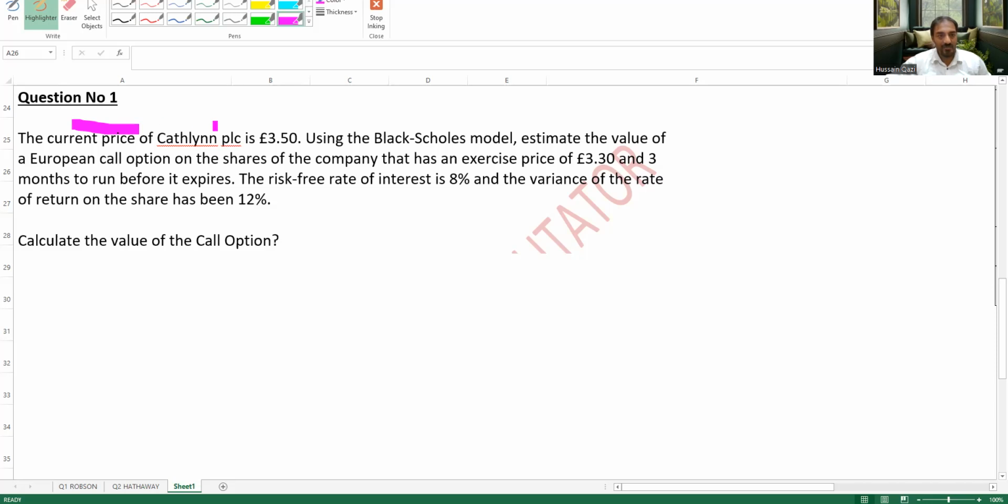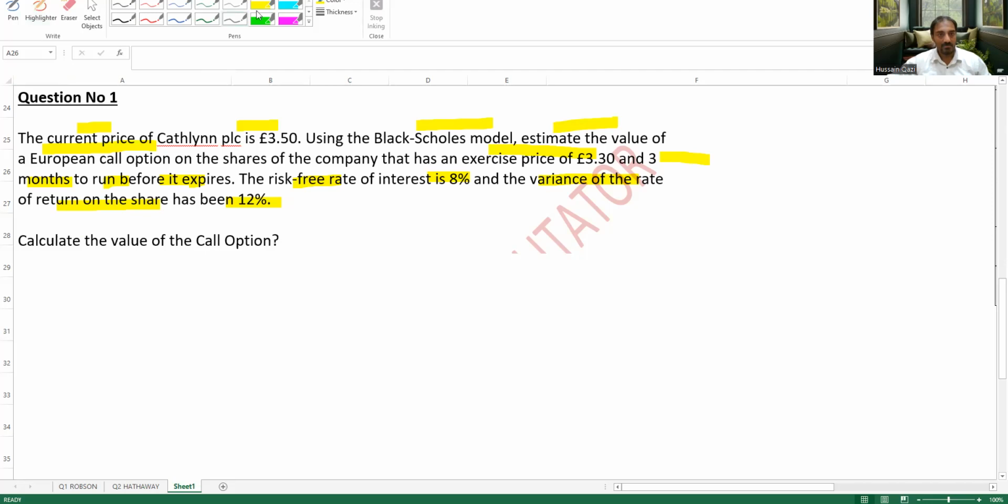The current price of Catherine PLC is 3.5. Using the Black-Scholes model, estimate the value of a European call option. What is the meaning of European call option? I will tell you. On the shares of the company, the exercise price is 3.3 and there are 3 months to run before it expires. Risk-free rate 8%. Variance of the return on the share is 12%. We require the standard deviation, not the variance. And you know that you take the square root of the variance, and that becomes the standard deviation.